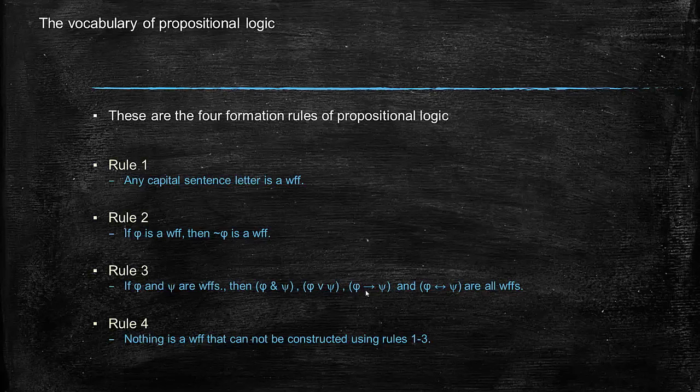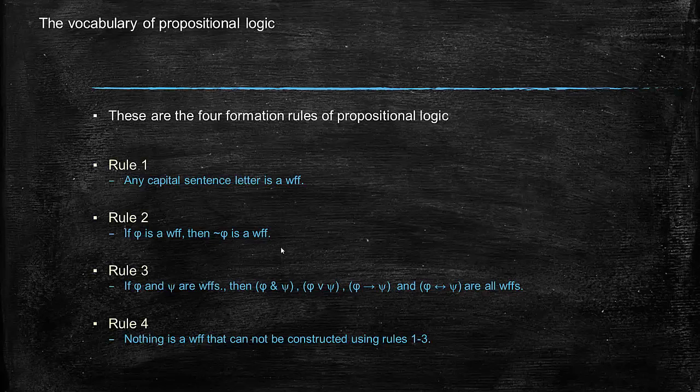Now, rule 2 uses a Greek symbol, phi, and it says if phi is a wff, then tilde phi, or negation phi, is a wff.